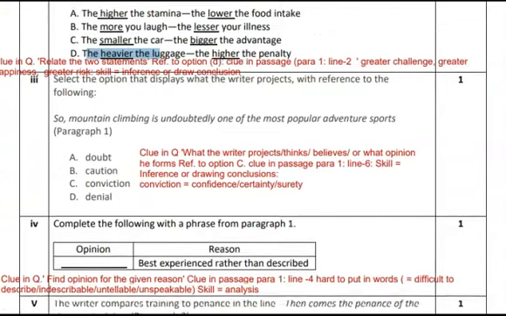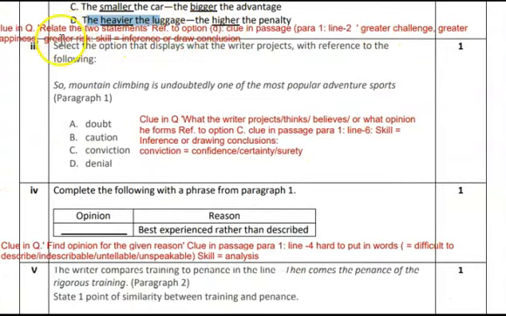Now read the further things that I have written here. Look at question number 3, very easy to understand if you read the sentence very carefully. Select the option that displays what the writer projects.